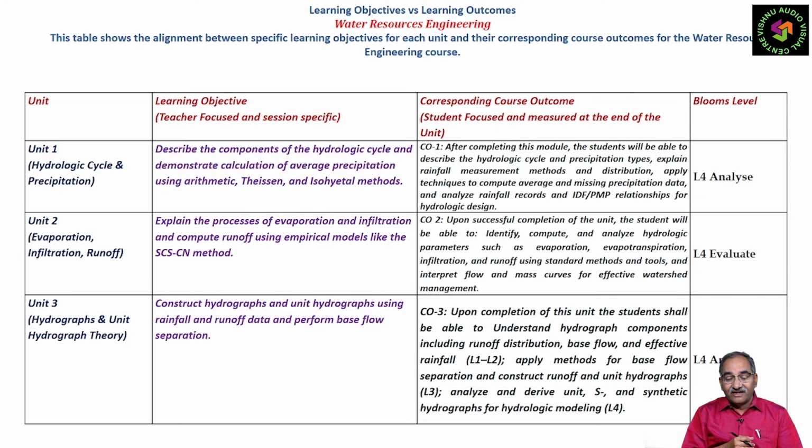If you take the objectives from my point of view as a teacher, I want to describe the components of the hydrologic cycle. I want to demonstrate to you the precipitation measurements and average precipitation and all. Whereas from the student point of view, you should always think what I should get from this unit. What is my learning outcome from this unit?